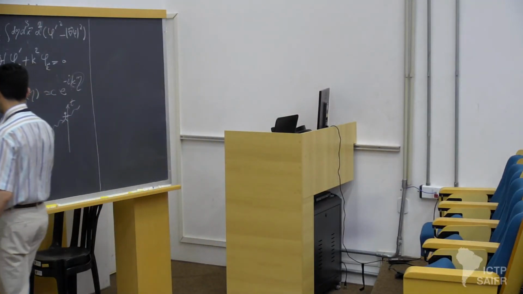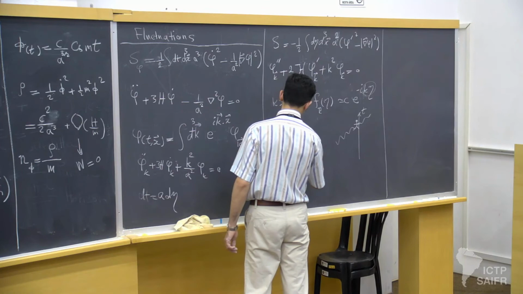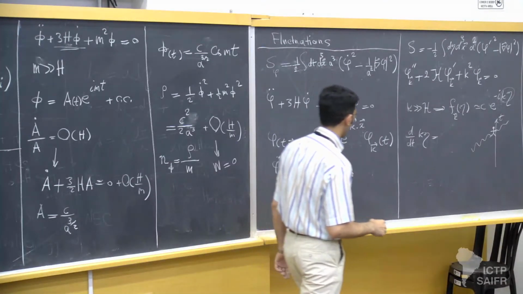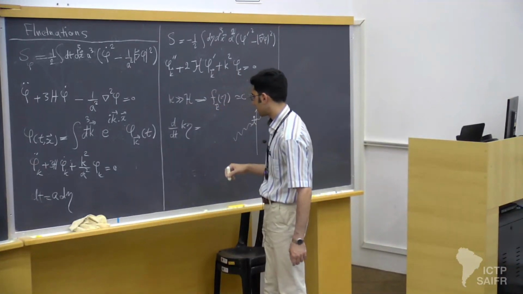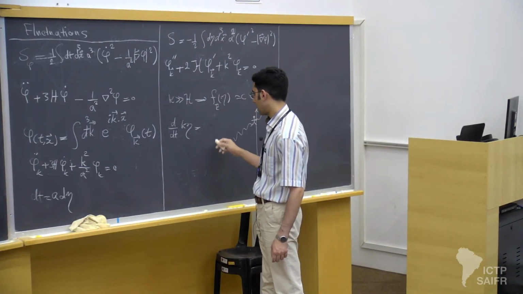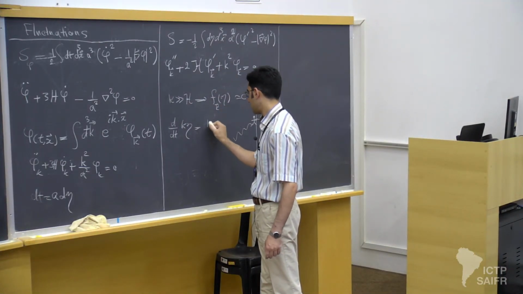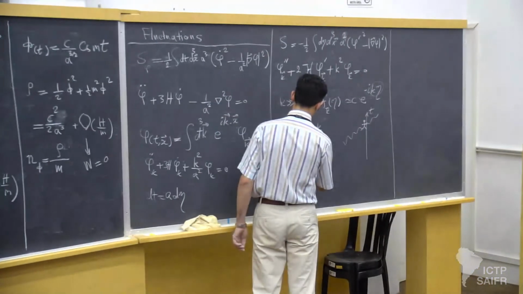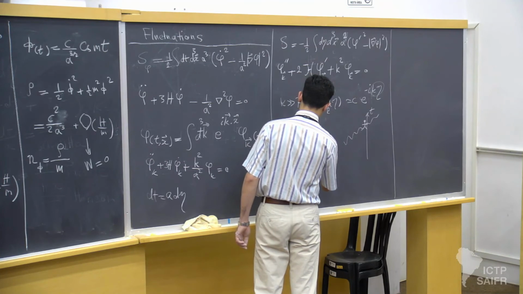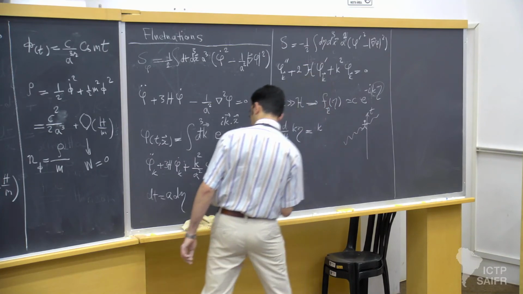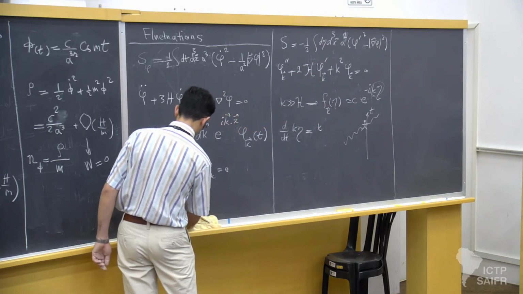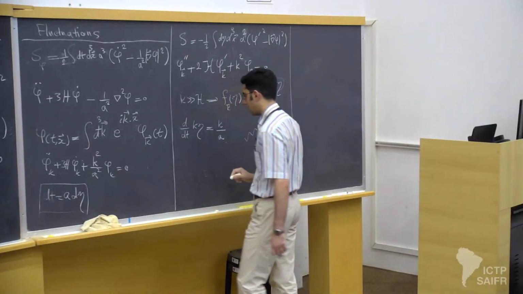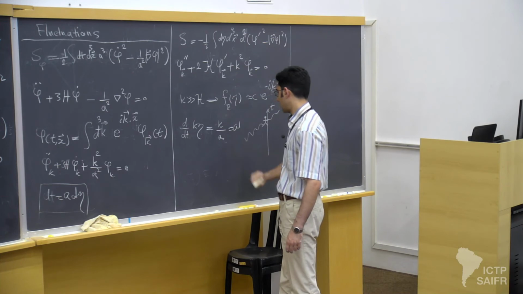So d by dt of k eta is, from the definition of the conformal time, k over a. So this is the frequency that I measure.